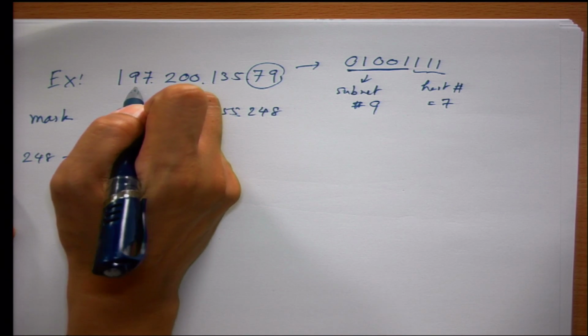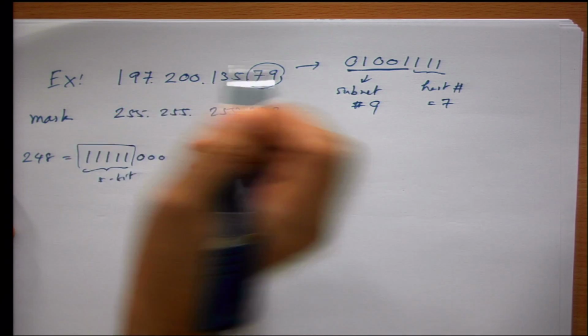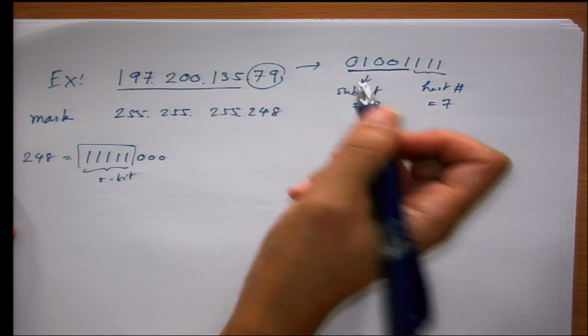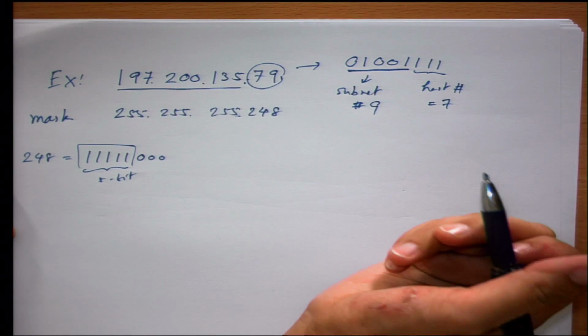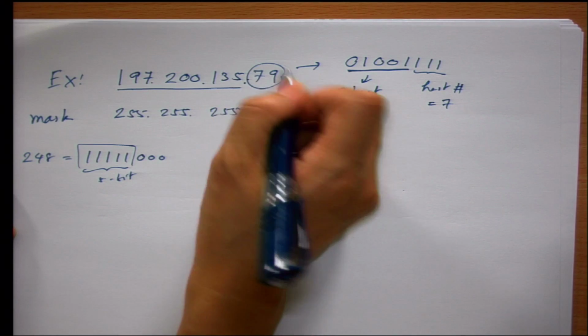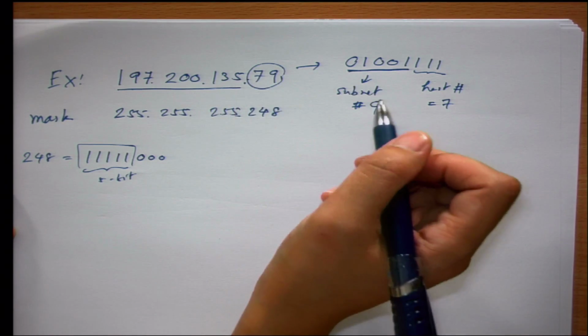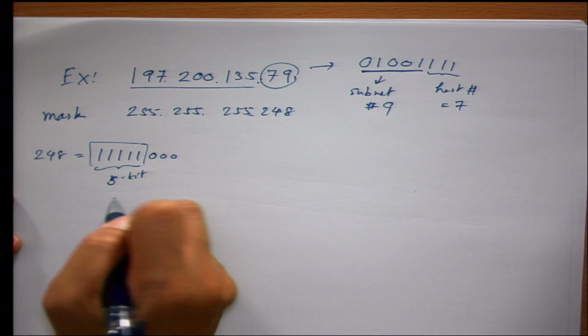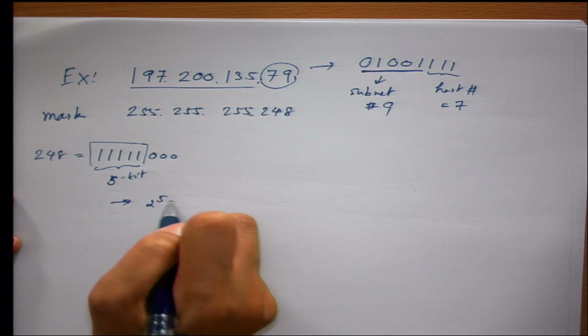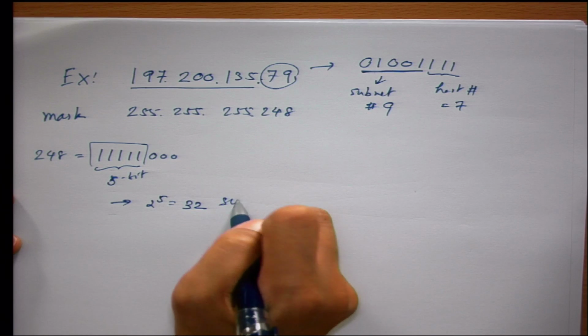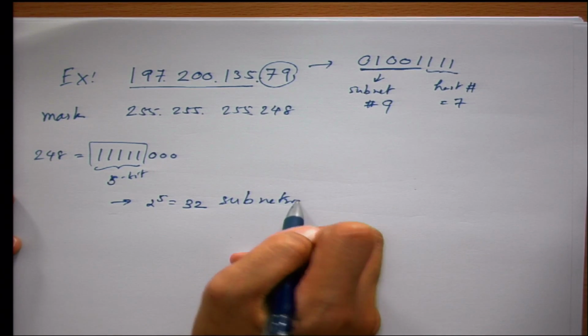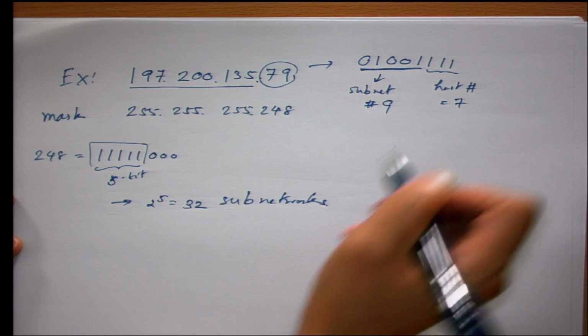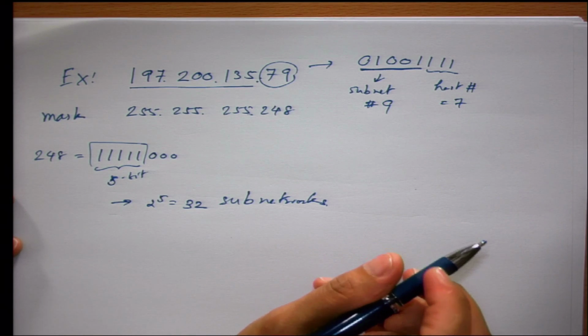One that starts with 197 is class C. So this part is the network identifier of class C, and inside the company you have a 5-bit subnet. So you can have 2 to the 5 equal to 32 subnetworks, and each subnetwork can have 8 hosts.